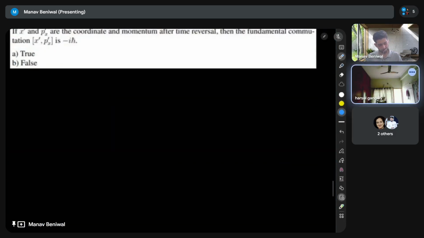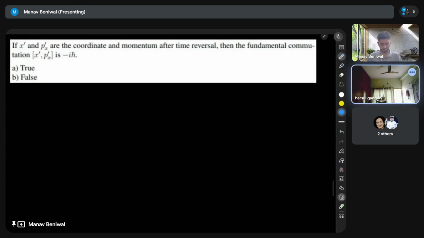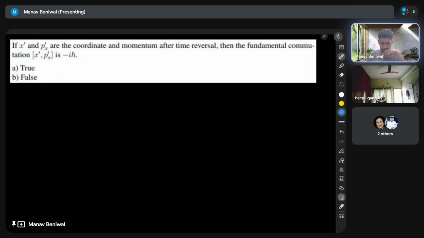Another true or false question. We are given that x prime and px prime are the coordinate and momentum after time reversal. Then the fundamental commutation x prime comma px prime is minus i h cut. Is this statement true or false? What do you think?